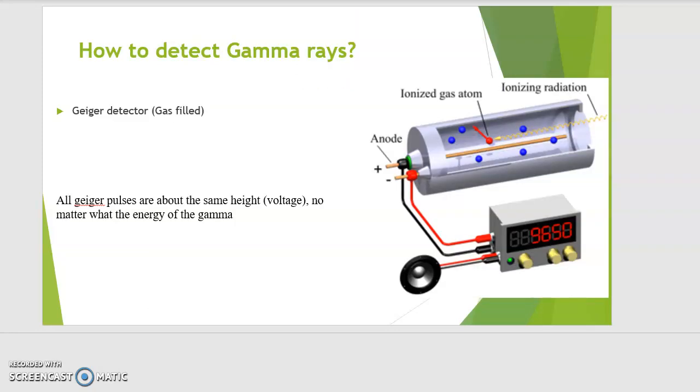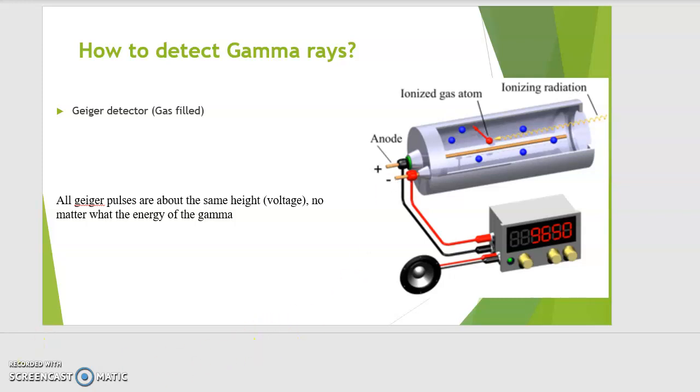How to detect gamma rays? In the previous lab, we used the Geiger detector to detect X-rays, and the Geiger detector uses noble gas. This detector tells us whether there is radiation or not, but we can't use a Geiger detector to measure exactly how much energy the source has.